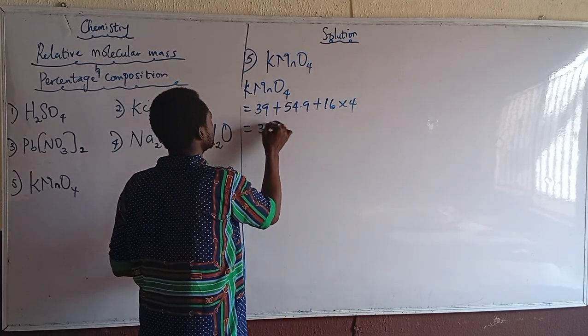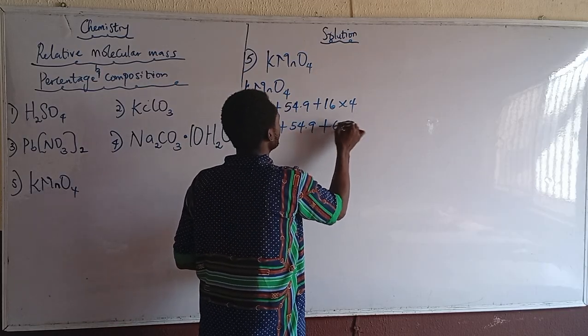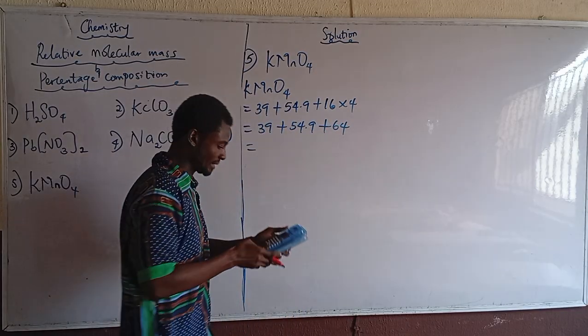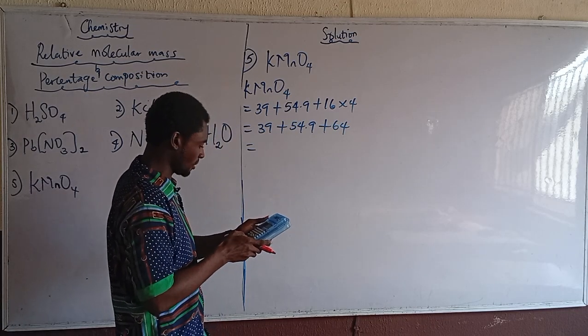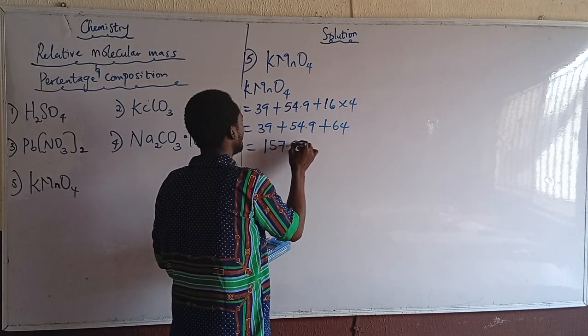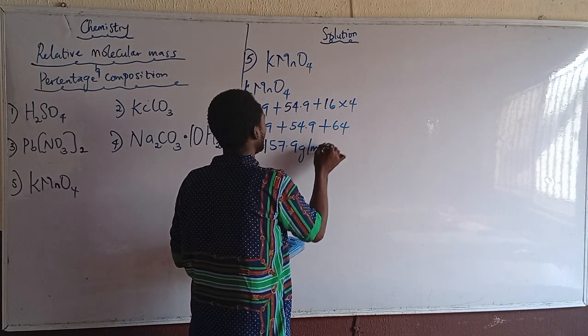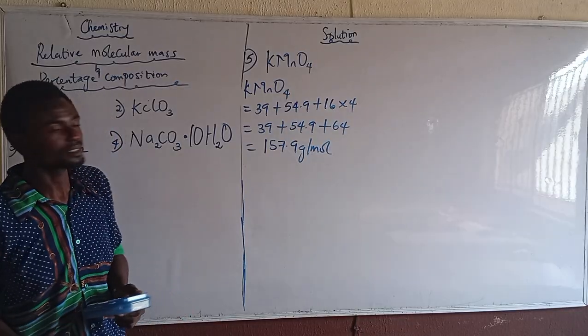So here is 39 plus 54.9 plus 64. That becomes 157.9 grams per mole. That is the relative molecular mass.